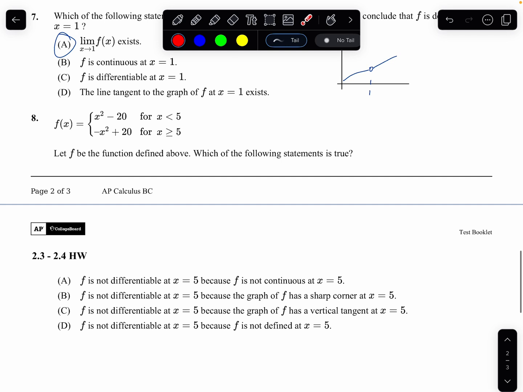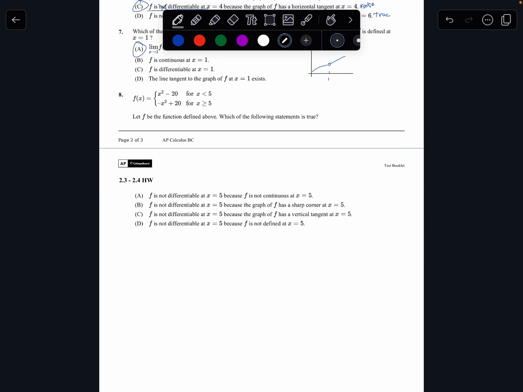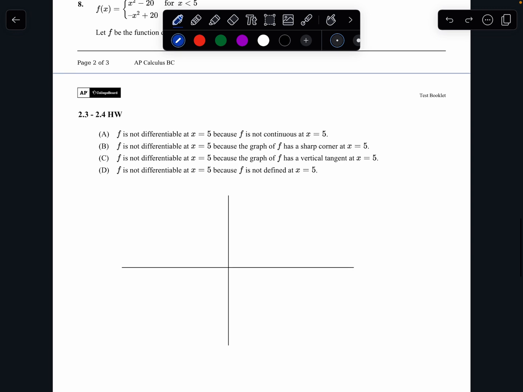Then at 8, let f be the function defined above. Which of the following statements is true? So I'm just going to go ahead and graph this really quickly in my head. So x squared minus 20 for x less than 5. So say that we had minus 20 here.